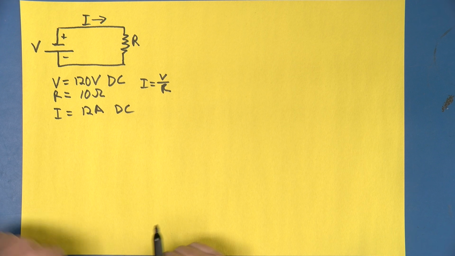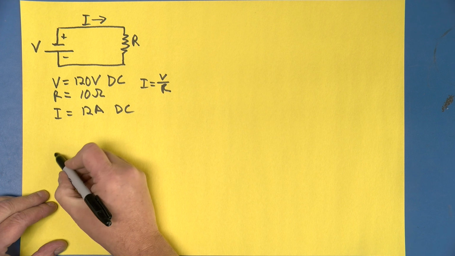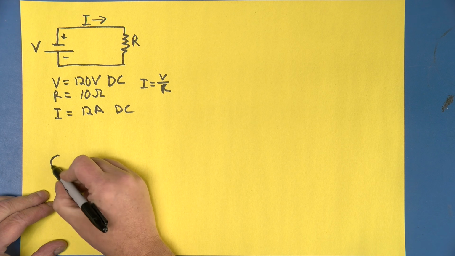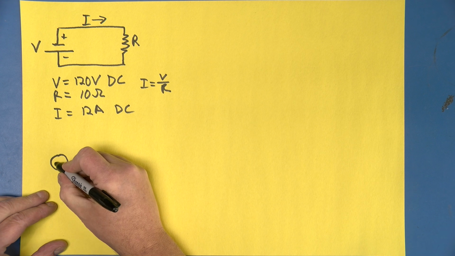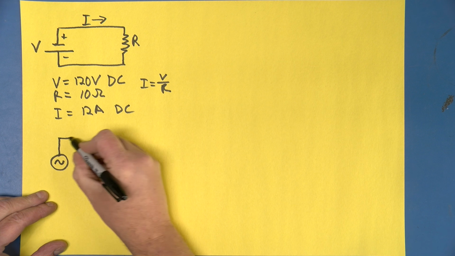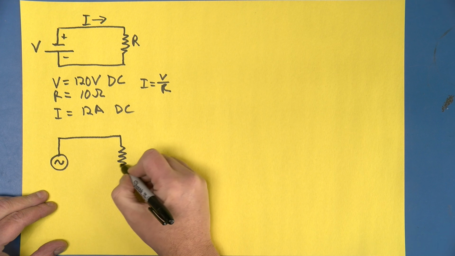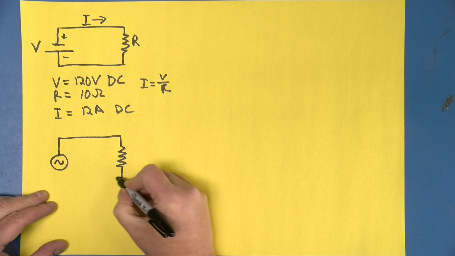Now, let's do exactly the same thing with a very simple AC circuit. Well, we're going to start off with an AC source instead of a battery, which we'll draw like that. And once again, we will include our very complicated circuit like this.